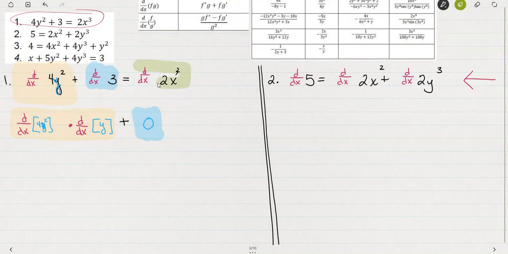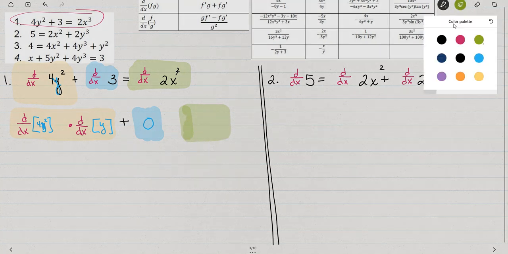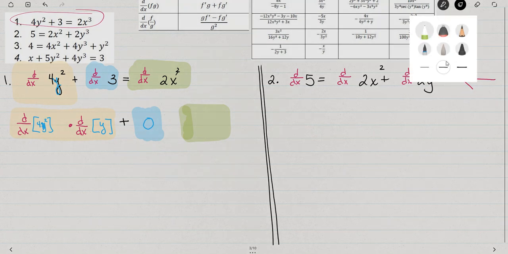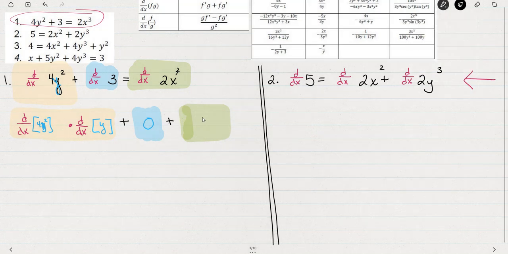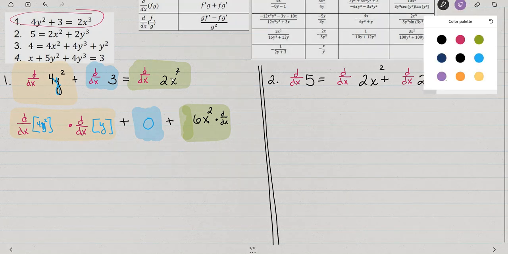When we look at the derivative with respect to x of 2x cubed, it's going to be just 6x squared. 2 times 3 is 6, x squared. Now, you could think of it as chaining times the derivative with respect to x of this x.